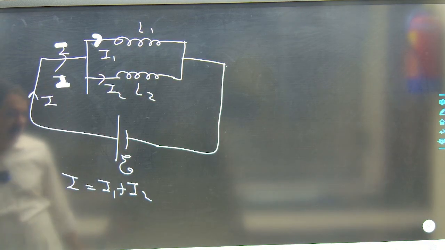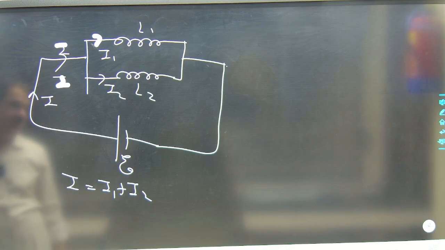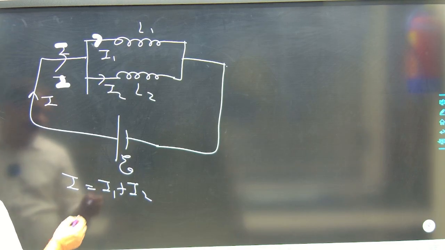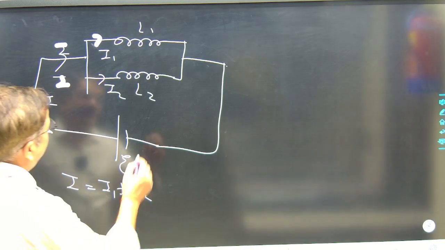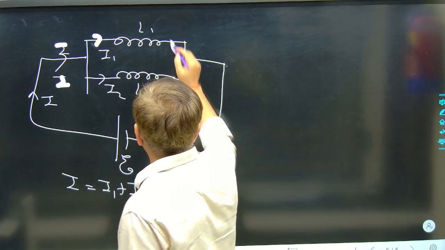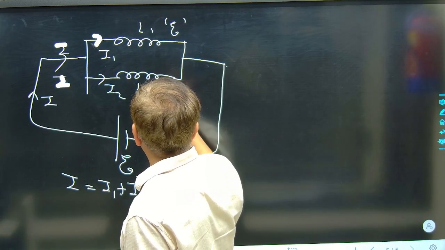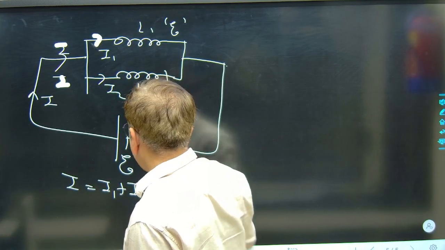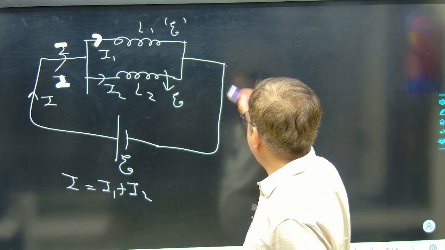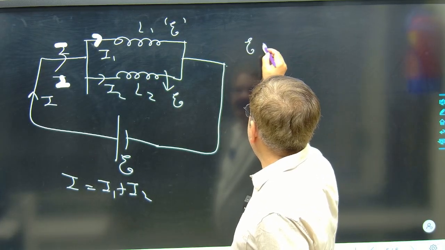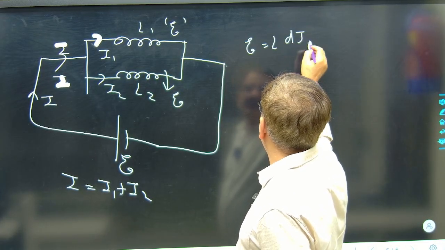And EMF is the same across each of them. Whatever E is there, the same E will happen here and the same E will also happen here. Correct. And we have the formula E is equal to L times di by dt.